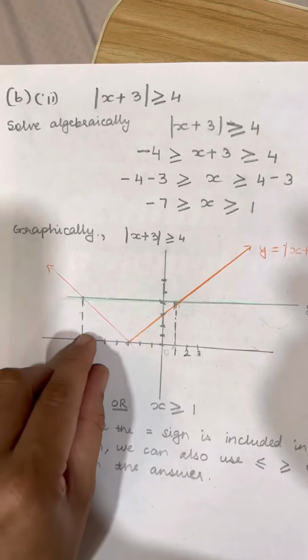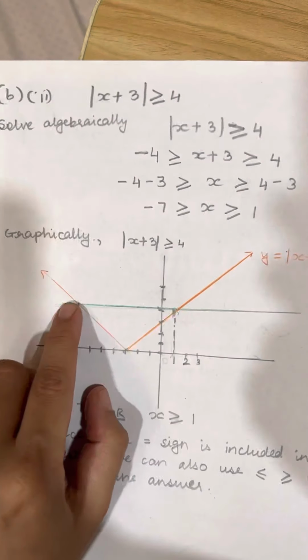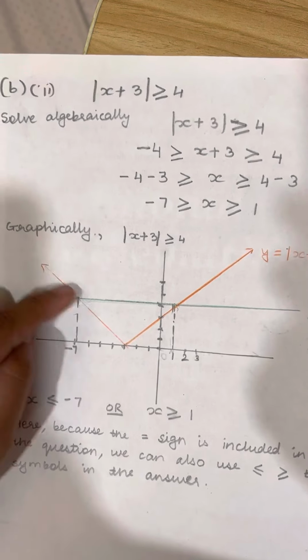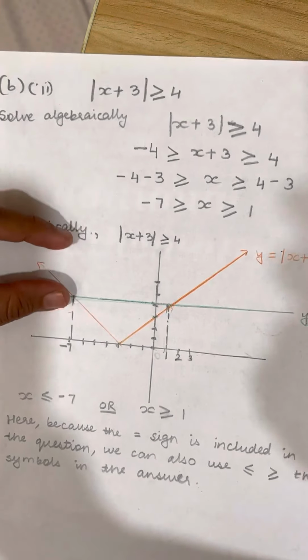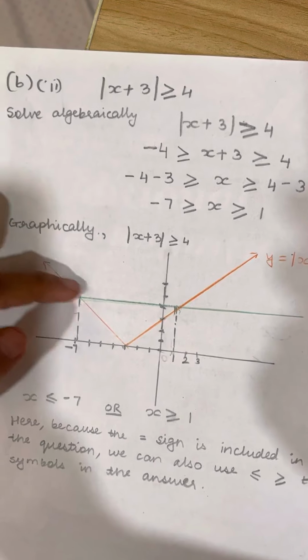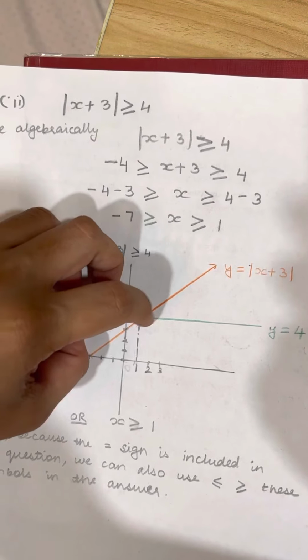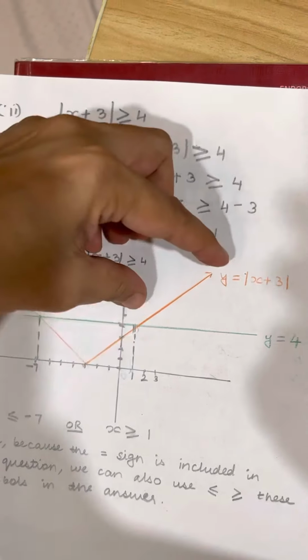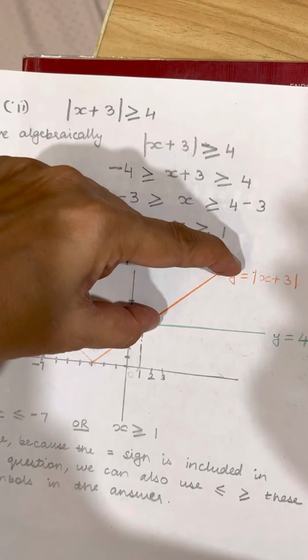In the graph, if we didn't have time to do this, we can also spot it on the graph that wherever x is less than or equal to -7, my y value is greater than or equal to 4. This is what they want, this portion of the graph. And whenever my x is more than or equal to 1, my y value becomes more than or equal to 4.